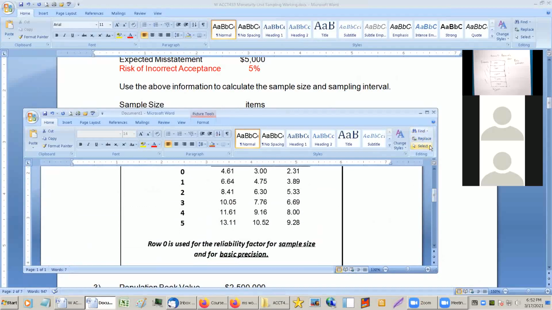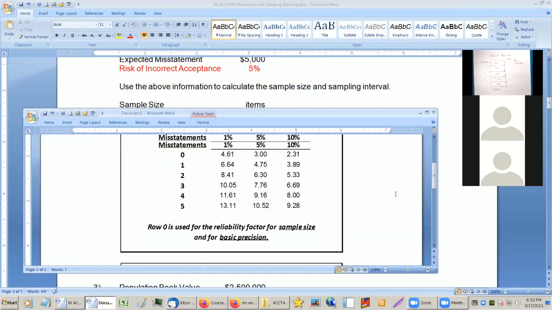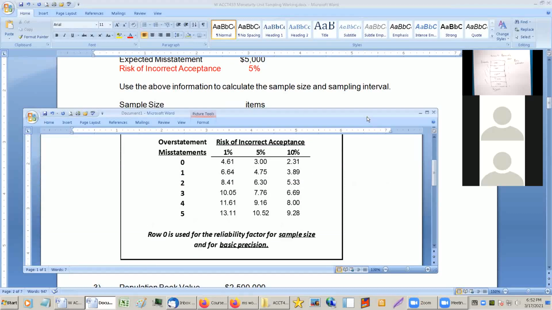Oh, I could collapse this, right? Somehow. Oh, there we go. Okay.